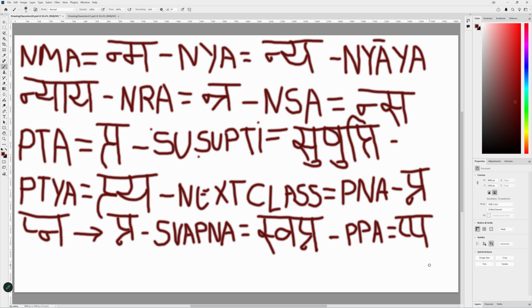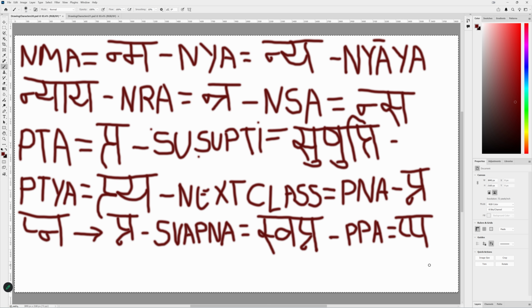Pa. Very unusual. In Kannada, a language of India, not Sanskrit, appa means father, but it's not Sanskrit. In Sanskrit, father is pita.